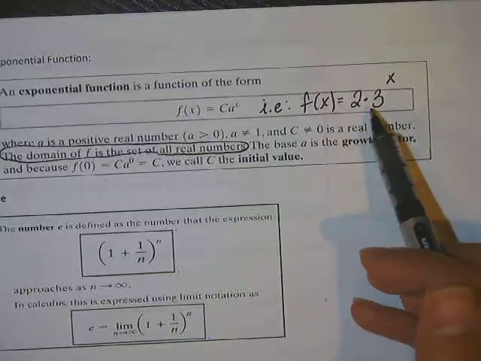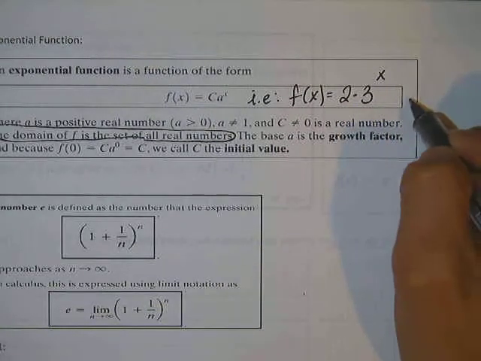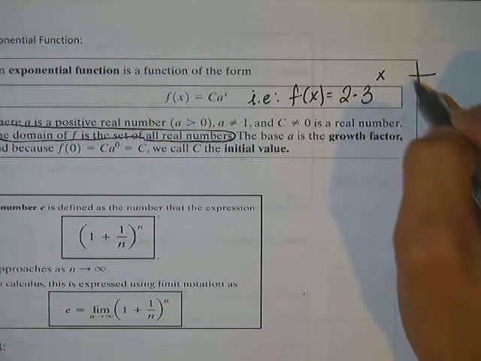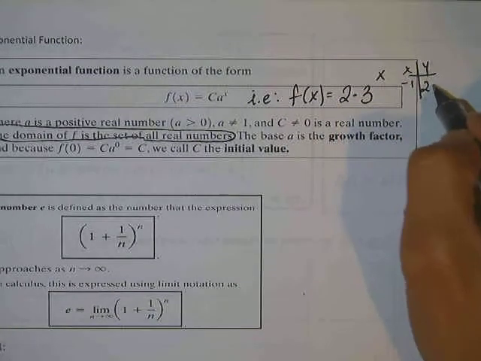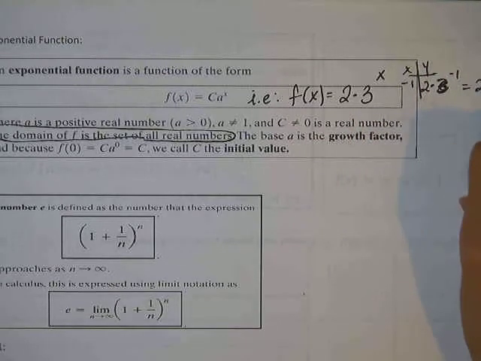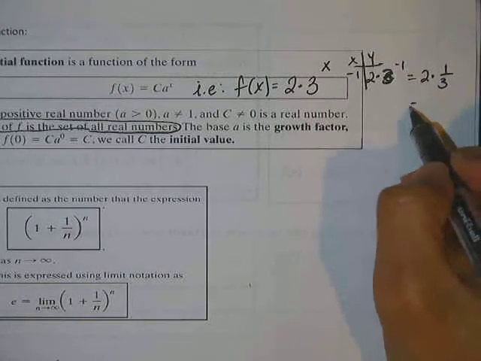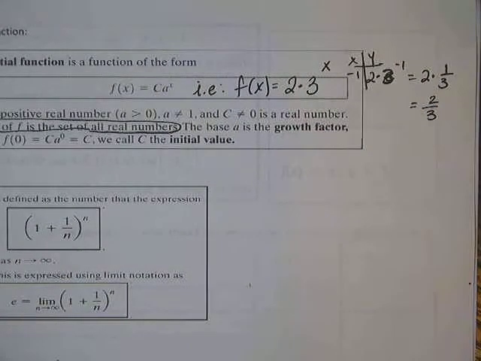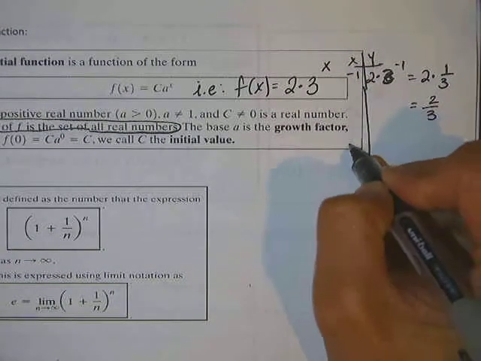Now what happens if x is negative? If x is negative 1, then you have 2 times 3 to the negative 1, which by definition is 2 times 1 over 3. This is now 2 over 3, which is smaller. How about when x is negative 2?